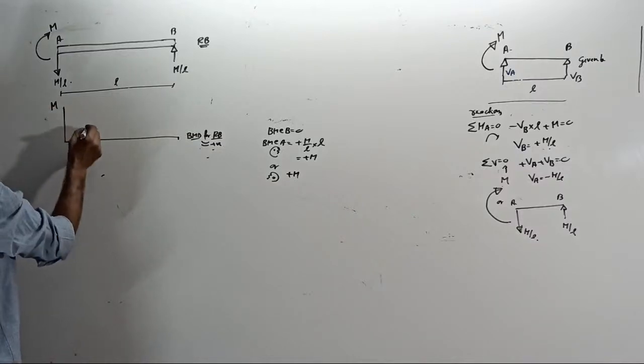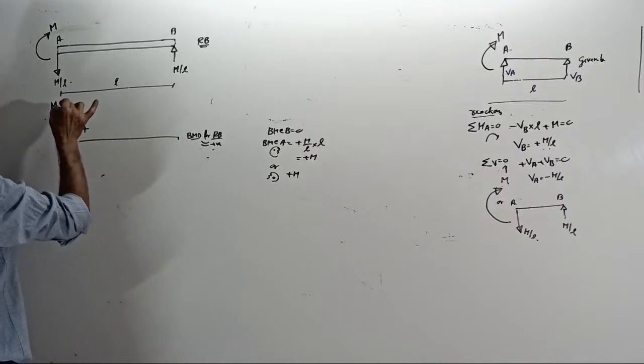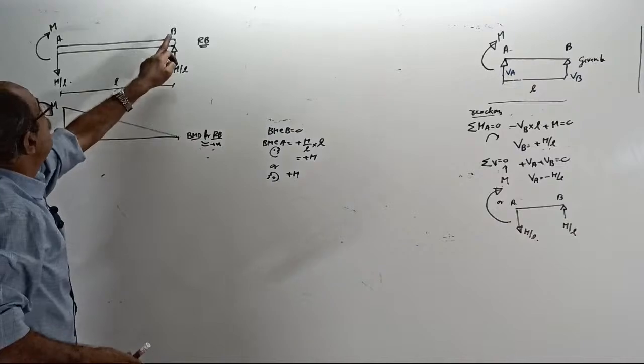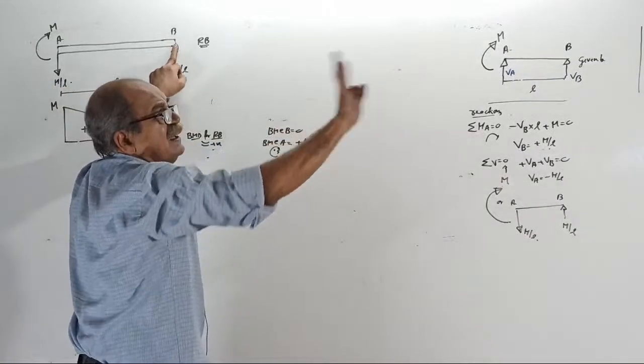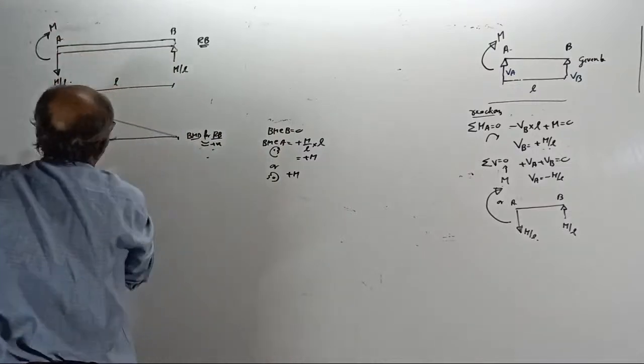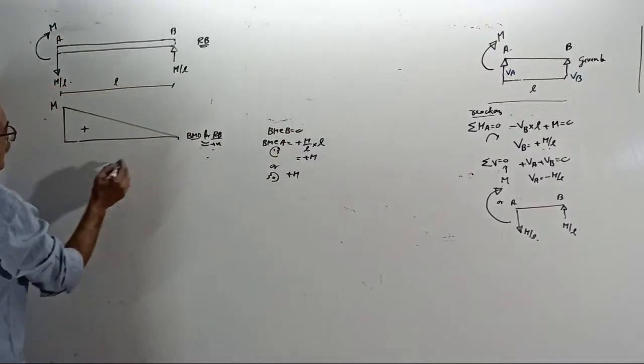It is plus, very important. Joined by a straight line. See, BM here, look this side, 0. BM here, look this side, plus M. Over. This is the BMD for the real beam.